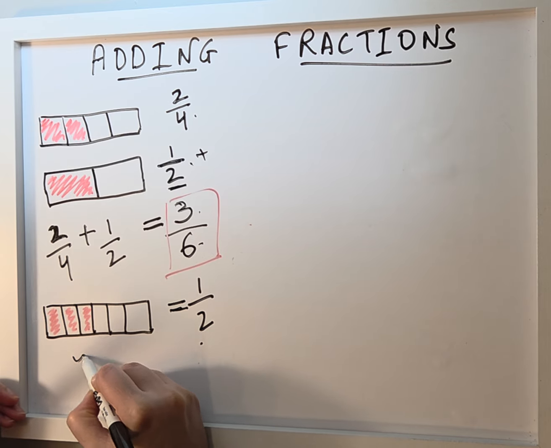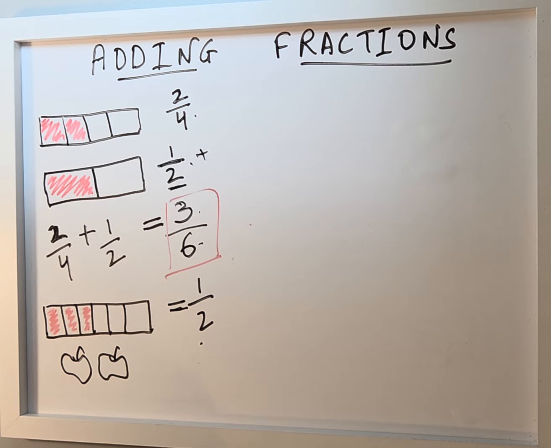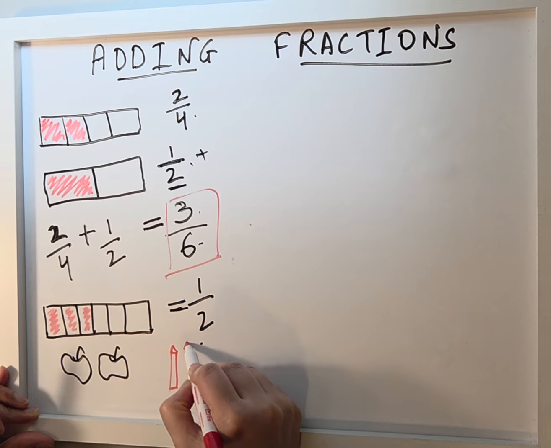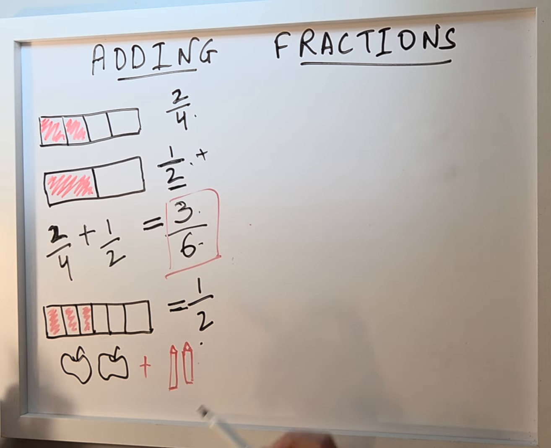If I say I have two apples, and I have two pencils or two crayons, and I say add these things, you cannot add them.